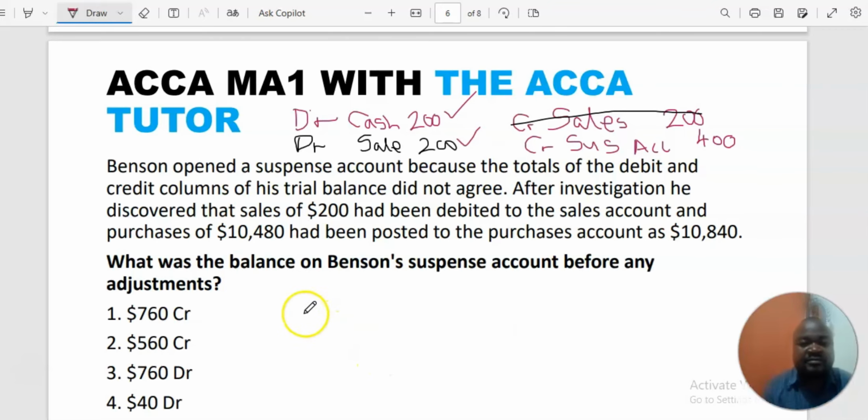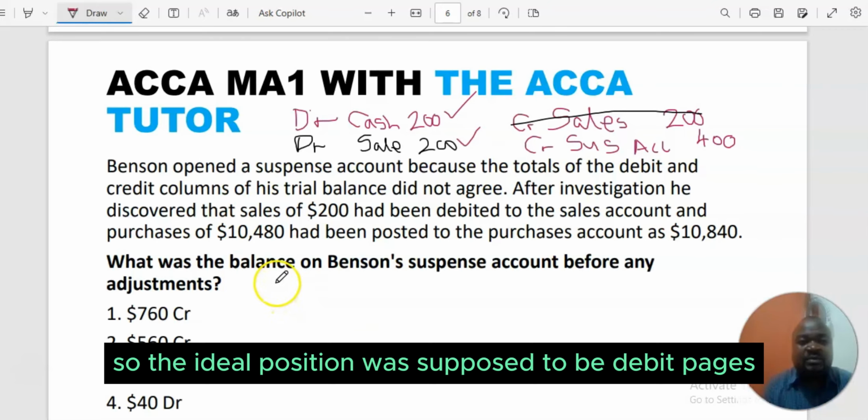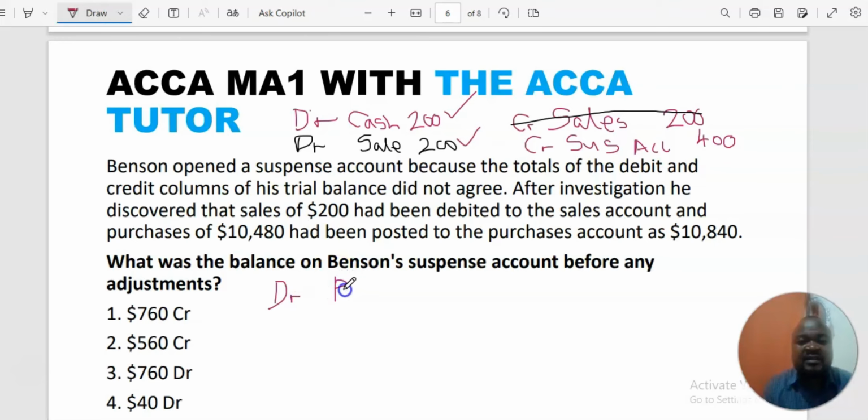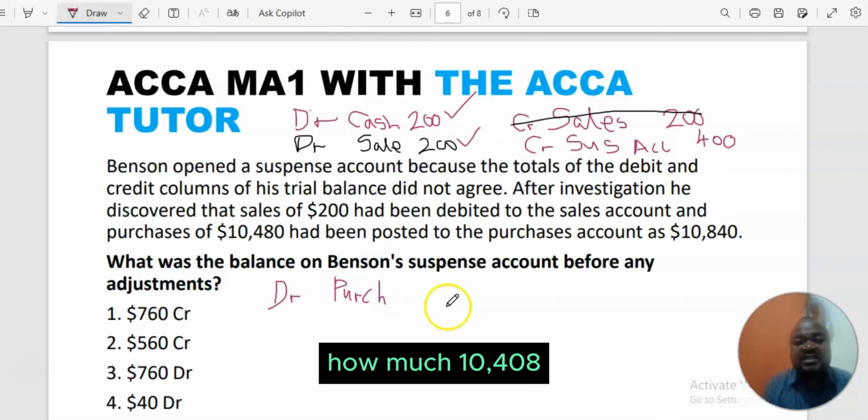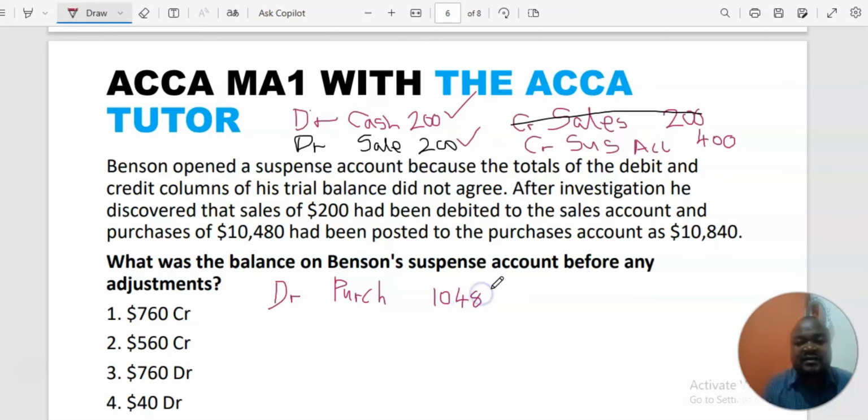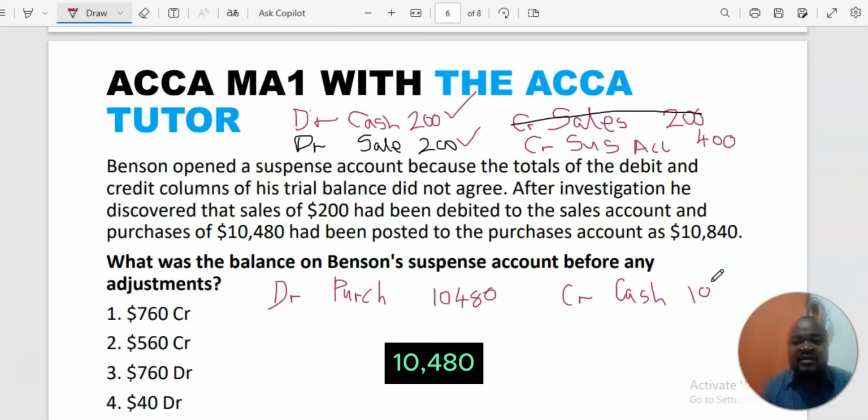So the ideal position was supposed to be debit purchases 10,480 and credit cash 10,480.